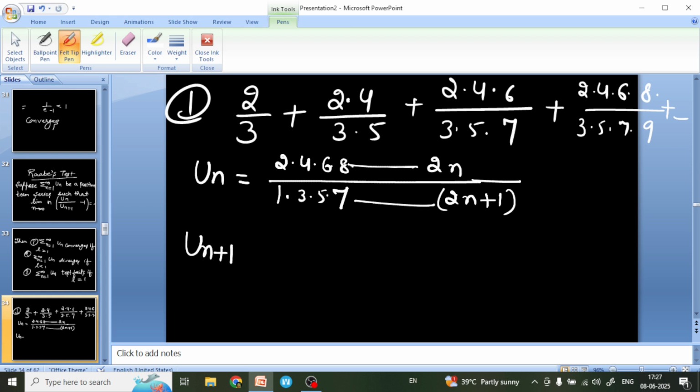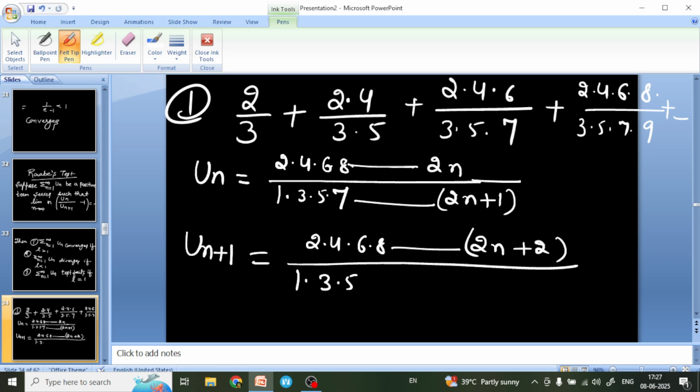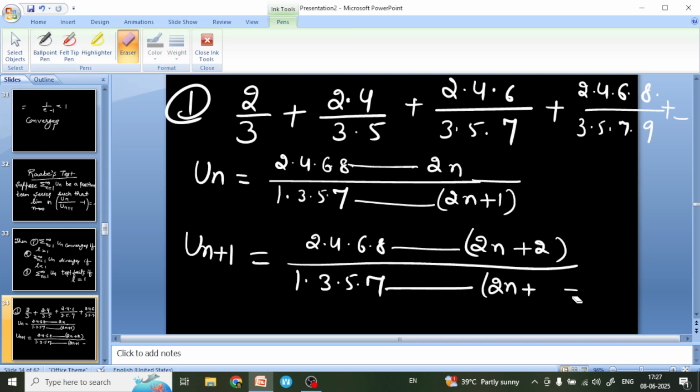When we take n plus 1, that should be equal to 2 into 4 into 6 into 8 up to 2n plus 2 over 1 into 3 into 5 into 7 up to 2n plus 1, plus, when we add 1, it should be 2n plus 3. It will be 2n plus 1 and 2n plus 3.